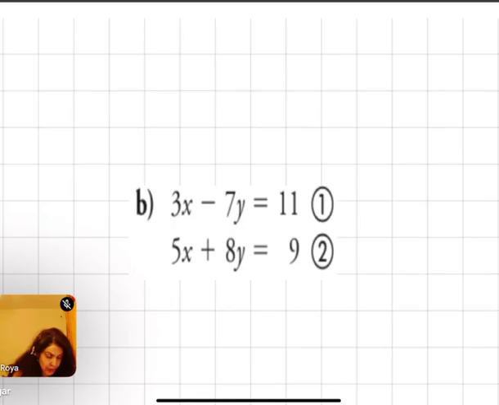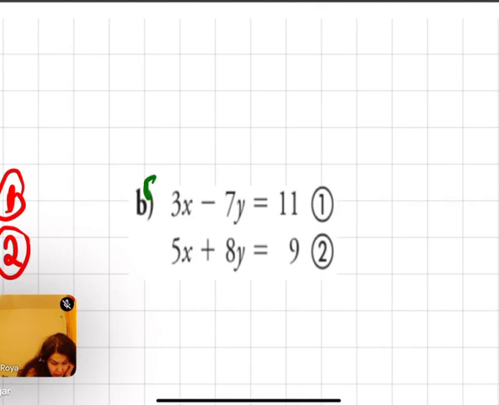One thing that you can do, in general, is let me give them numbers. This is equation 1. This is equation 2. And put a bracket.